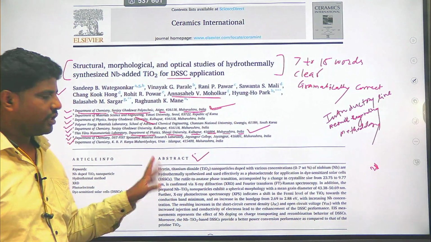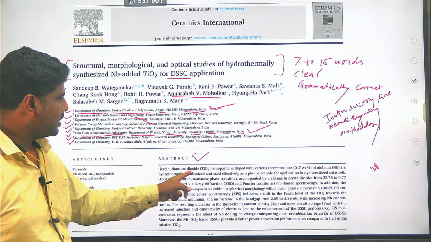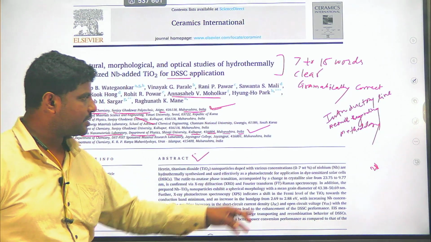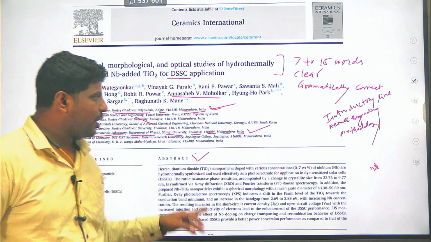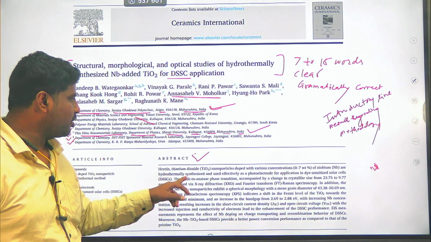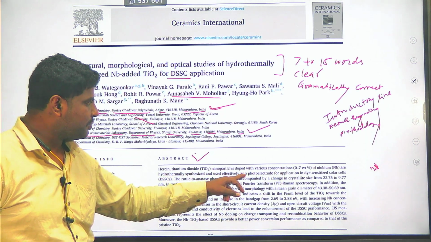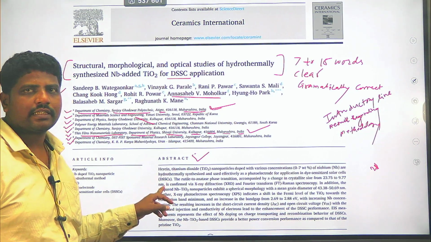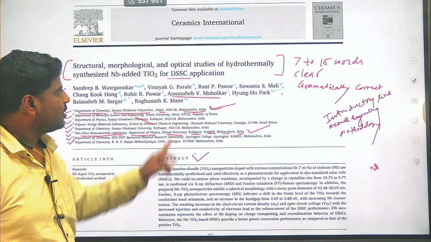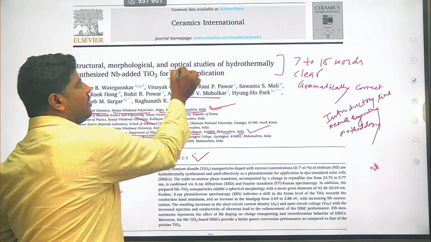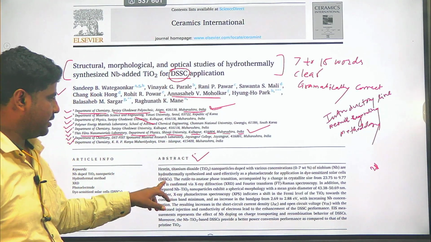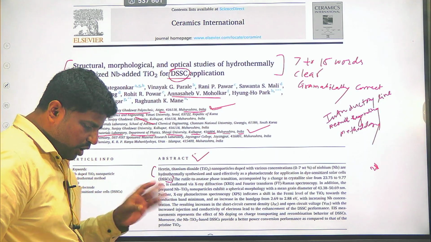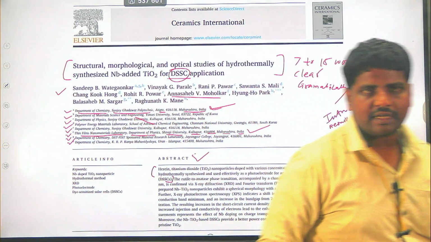Suppose you see here: titanium dioxide TiO2 nanoparticles doped with various concentrations, 0 to 7 weight percent, of niobium Nb are hydrothermally synthesized and used effectively as a photoelectrode for application in dye-sensitized solar cell. Dye-sensitized solar cell means DSSC, so this is the full form of DSSC I have written here. This statement indicates the methodology inside the research article.